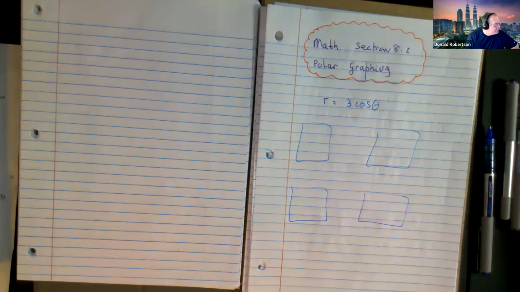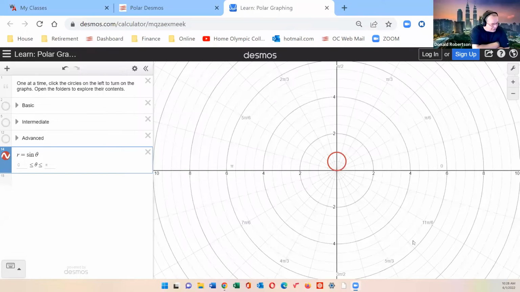So I'm going to go right over in a few seconds because the thing's taking too long to set up. And here we are. Let's close that guy and let's go into Desmos. Now, you see that is not the usual X and Y. Do you see all those little concentric rings? That's called polar paper.